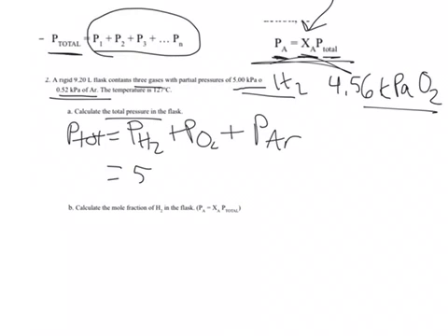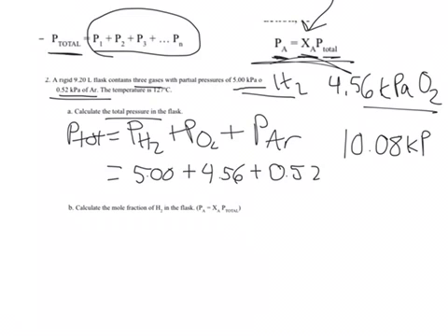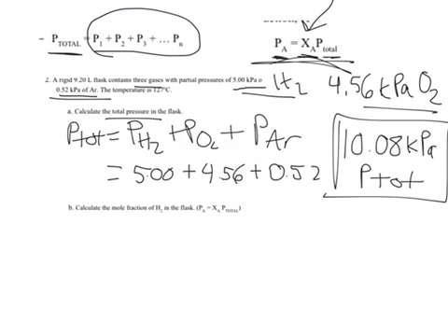So 5 plus 4.56 plus 0.52, which gives me a total pressure of 10.08 kilopascals is my P total. Alright, so that's Dalton's law of partial pressure.